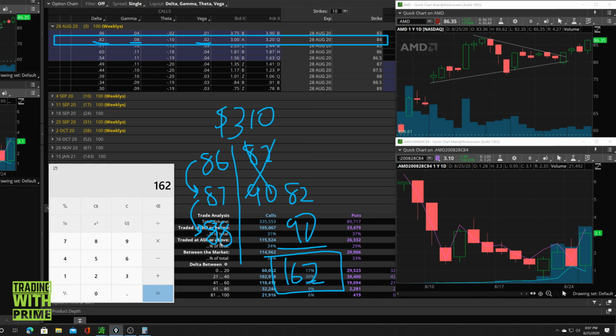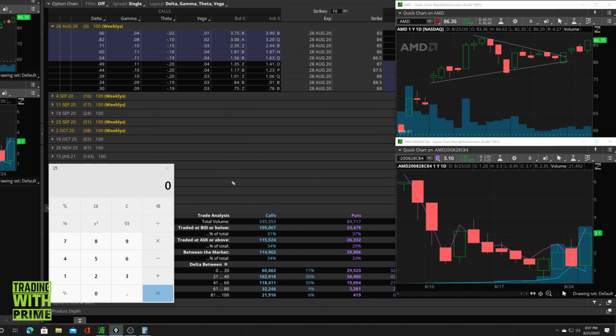Just so you guys know, the break even for this contract, let me clear the screen here, is 0.36%, which is also equivalent. And remember, this is the 84 strike.